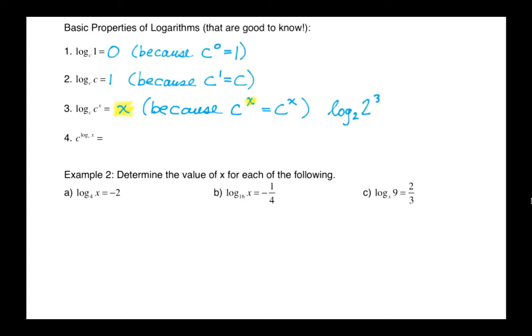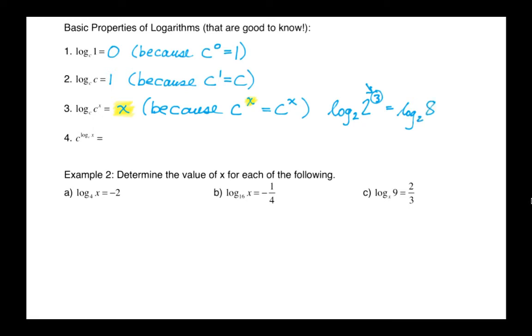The 3 here is the input. I'm replacing x with 3, so this is kind of our start here. And when I evaluate this expression, I evaluate the 2 cubed first. So 2 cubed is equal to 8.